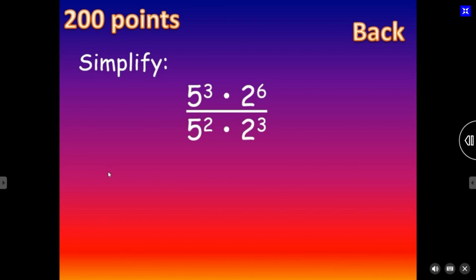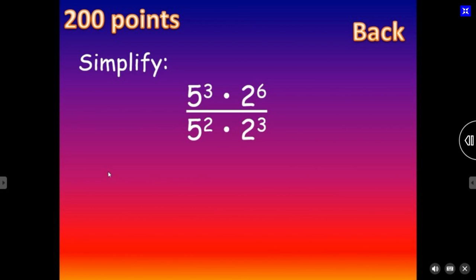Okay, hold on, don't do it yet. 5 to the third divided by 5 to the second. What do I do with those exponents, guys? Subtract. 3 minus 2 gives me 1. So what's 5 to the 1? 5.